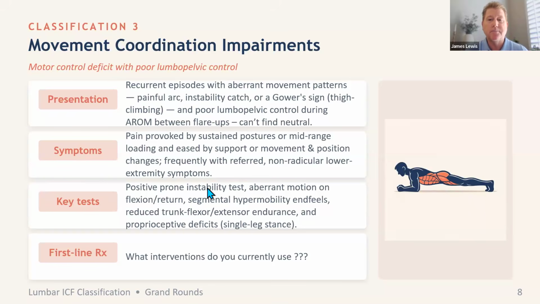They'll get this catch. If they can continue going through it, a lot of times you'll see them using their hands to climb back up their thighs, what we call the Gower sign. But in general, they've got poor lumbar control.